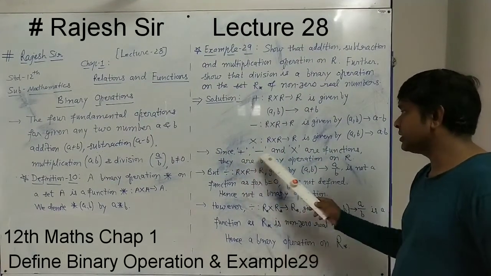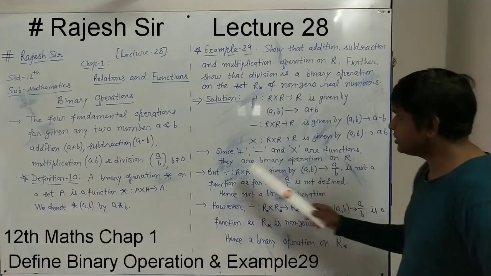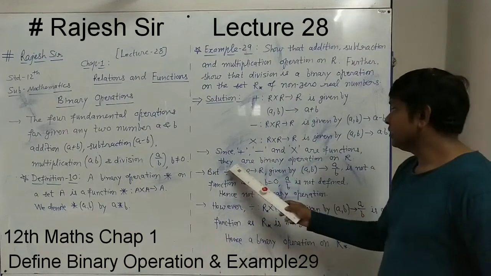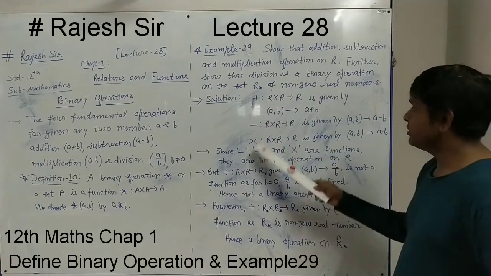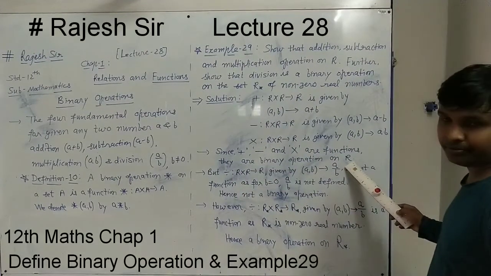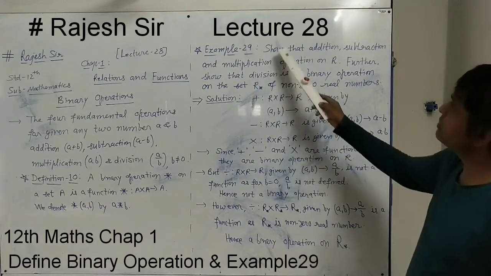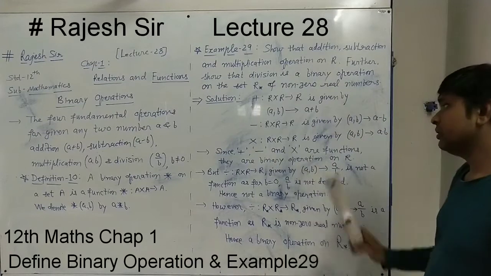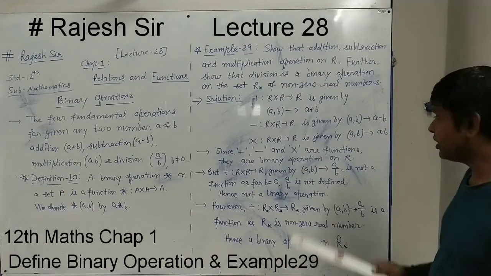Since addition, subtraction and multiplication are functions, they are binary operations on R. So the first part is completed, that addition, subtraction and multiplication are binary operations on R.